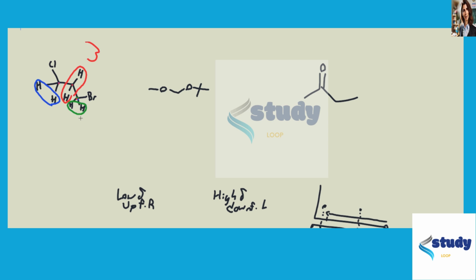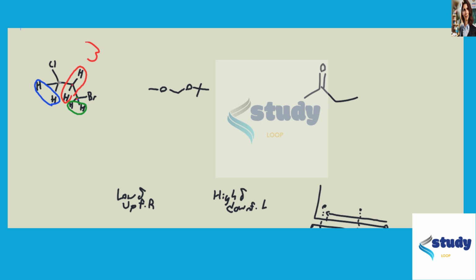in our NMR spectra. Now let's identify which one would be lowest and which one would be highest chemical shift value. So if we remember, your lowest chemical shift value will be upfield and it's going to be the most shielded. So that's going to be the furthest away from your electronegative atoms. If we look, this carbon is directly bound to an electronegative atom and two protons. Same with this carbon.